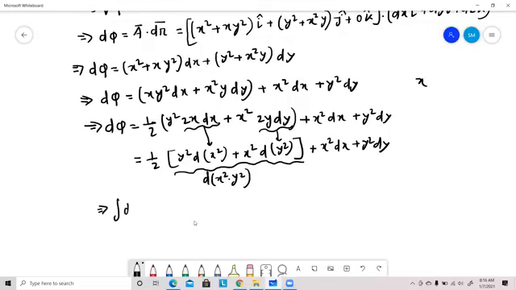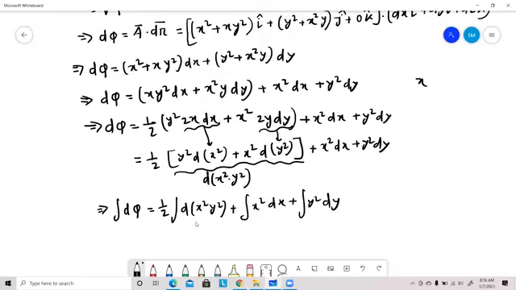That means integration of d phi equals half integration of d of x square y square, plus integration of x square dx, plus integration of y square dy. After integration, what will be the result?